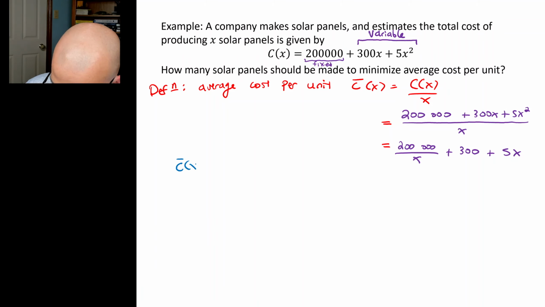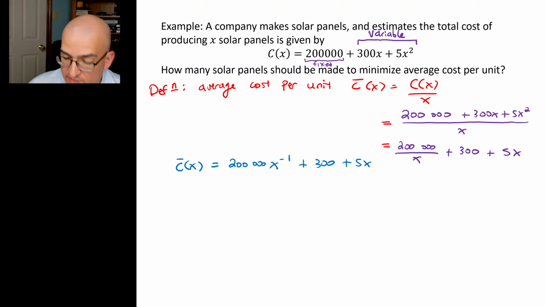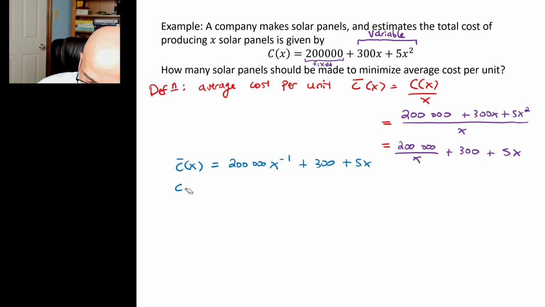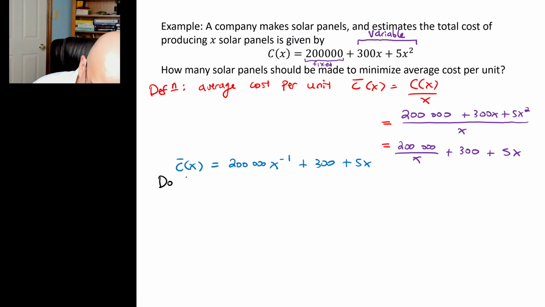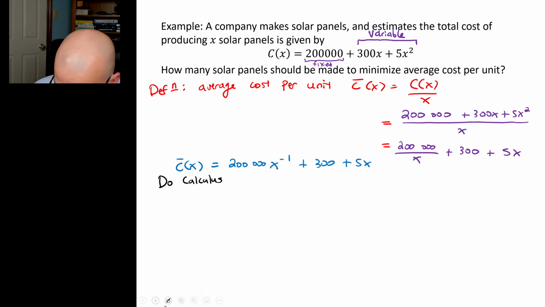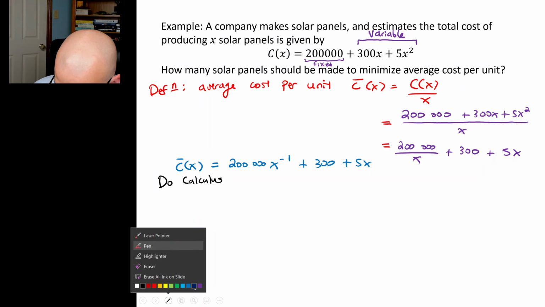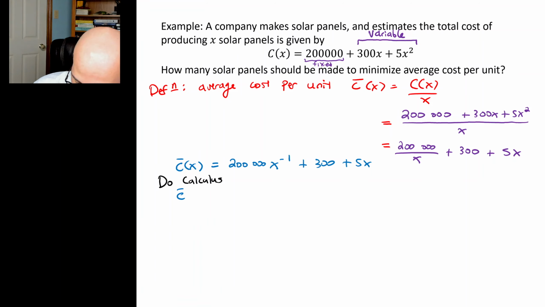So I'm going to rewrite it over here. C bar of x is equal to 200,000 x to the power of negative 1 plus 300 plus 5x. We're going to do the calculus thing and take the derivative.